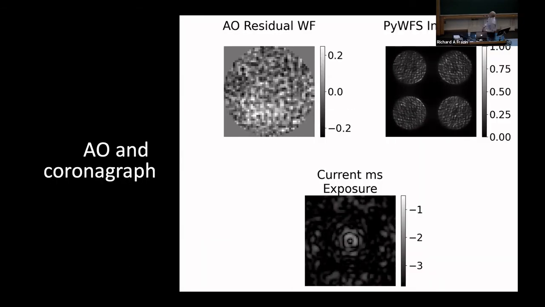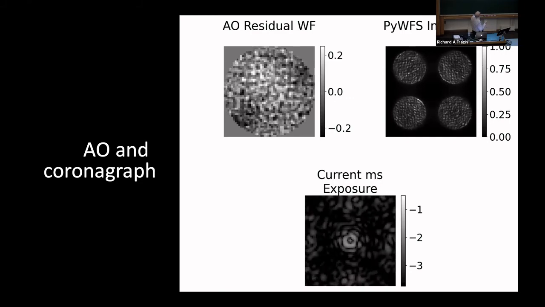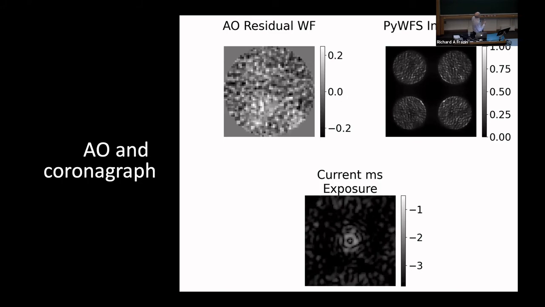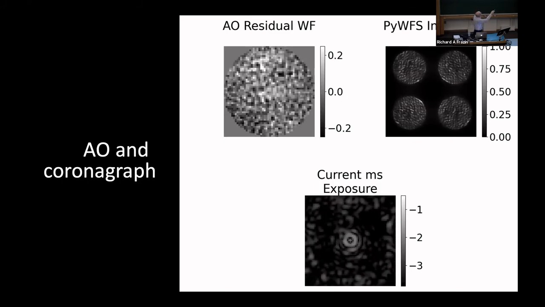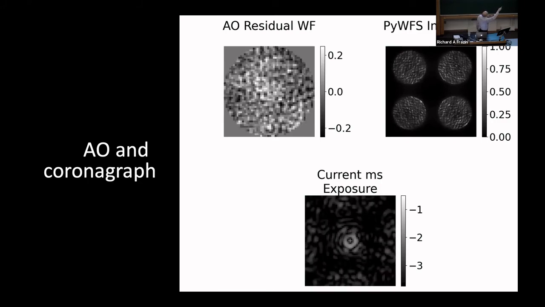And this is a movie that shows our adaptive optics simulation. On the upper left, we see the AO residual, and then the pyramid wavefront sensor makes 4 images of the pupil, and here they are.